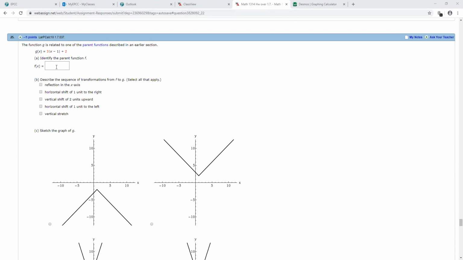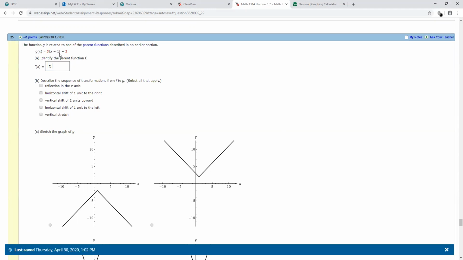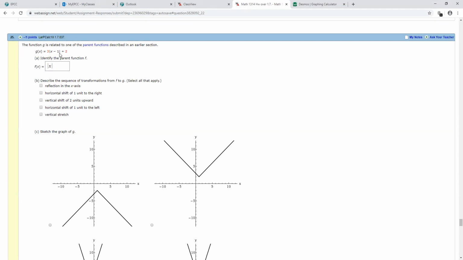The absolute value. And are there any transformations being done inside the parent function, Griselda, which would mean a horizontal kind of transformation? Yes. Well, it says -1, but we're to do the opposite, which is +1.